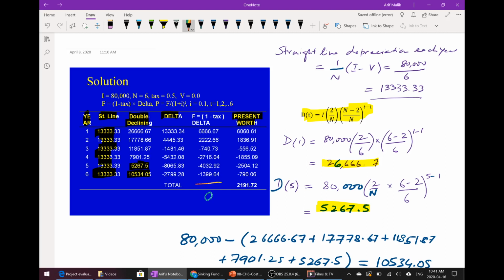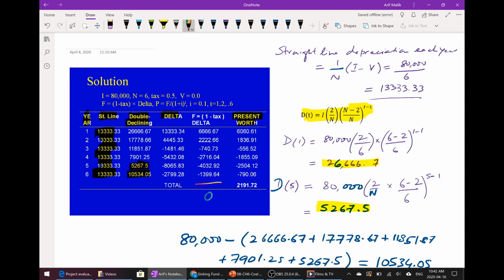So if we add up all, it should be 0, because the asset life is depleted, and so there is actually no benefit there. In both cases, straight line and double declining, the asset life is finished. So the delta should be equal to 0, and eventually F is also equal to 0.